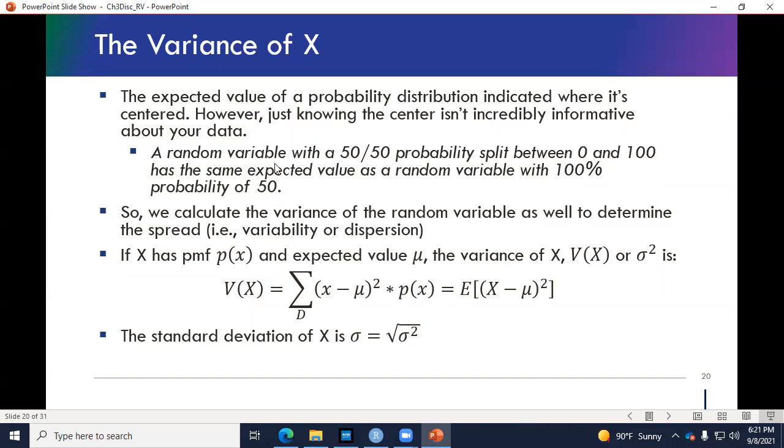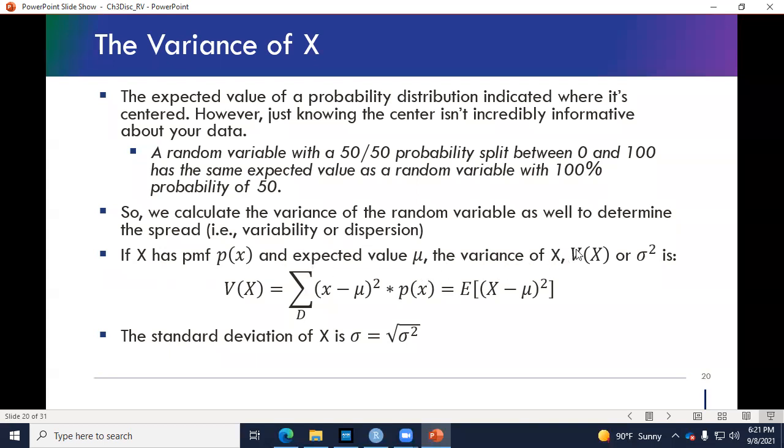So only knowing the expected value is not really enough. So we calculate the variance of the random variable as well to determine the spread, the variability, or we call it dispersion.